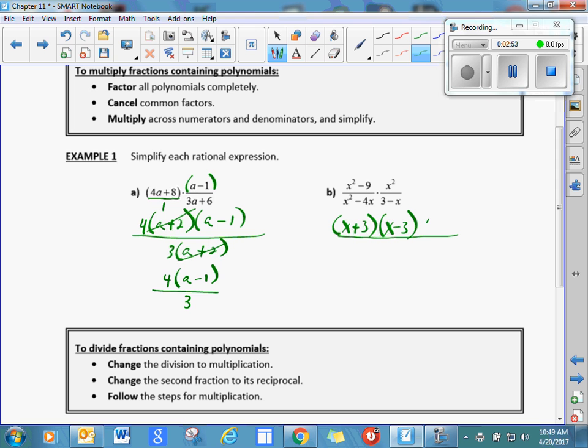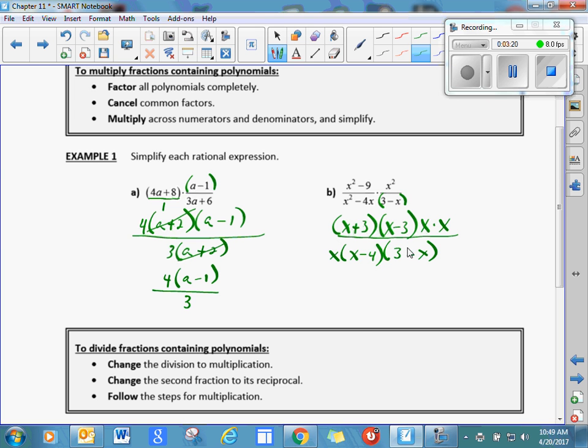I'm just going to go ahead and write it x times x and see what happens in the bottom here. And then x squared minus 4x, again, I can factor out a common factor of x, and I end up with x minus 4. And 3 minus x doesn't have any common factors, so it just lines up again with parentheses around it.